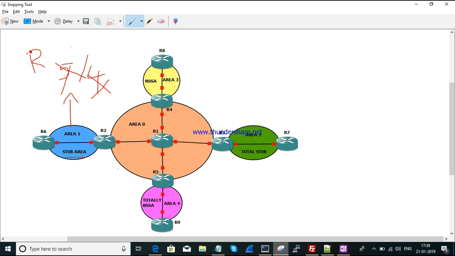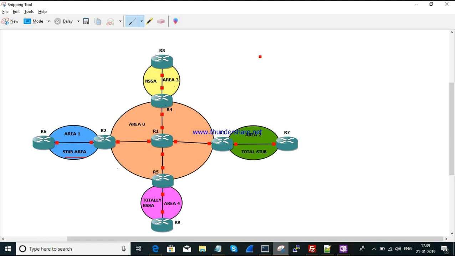Next is totally stub. Let's move on to the totally stub part. Okay, so here is a totally stub. Let's consider area 2 is a totally stub. What does the stub do?